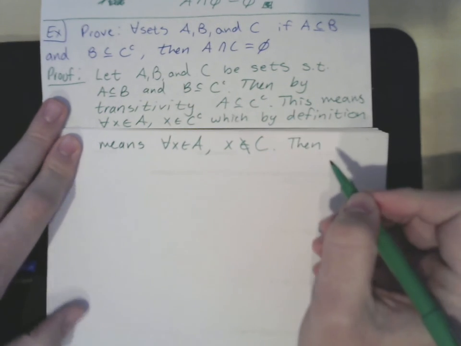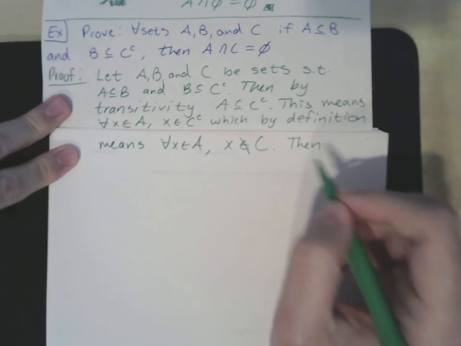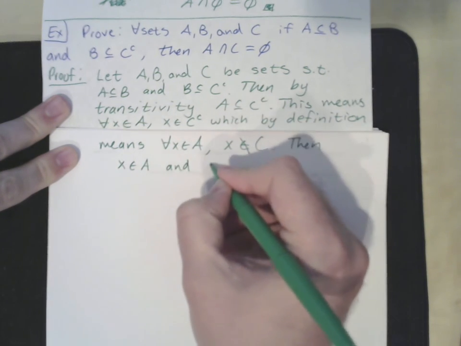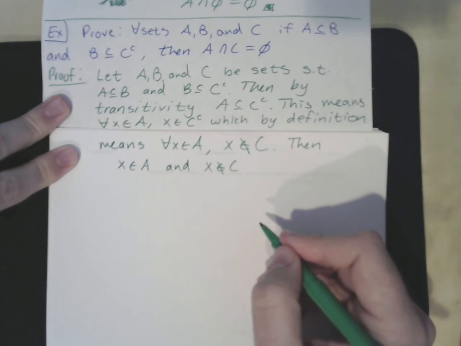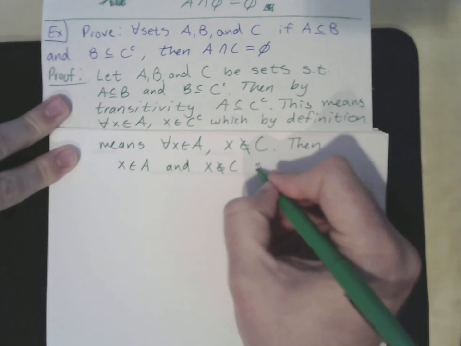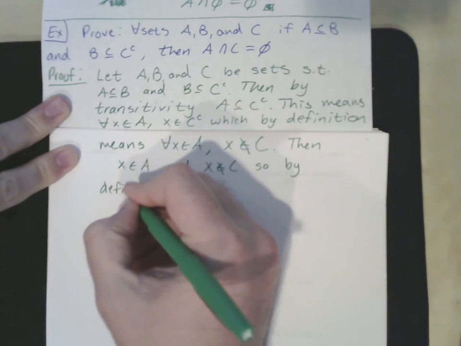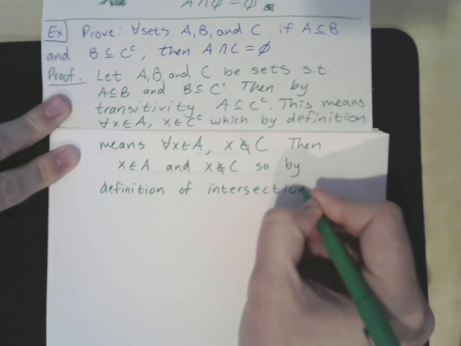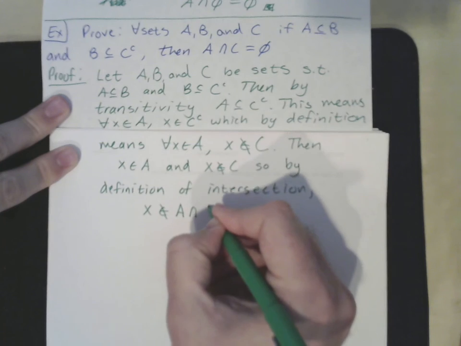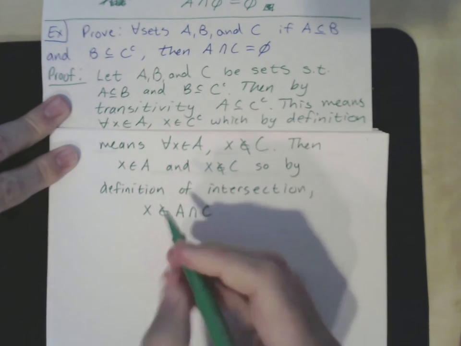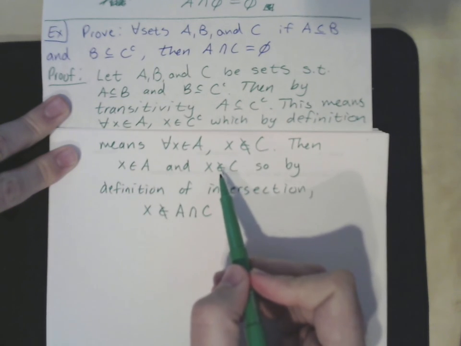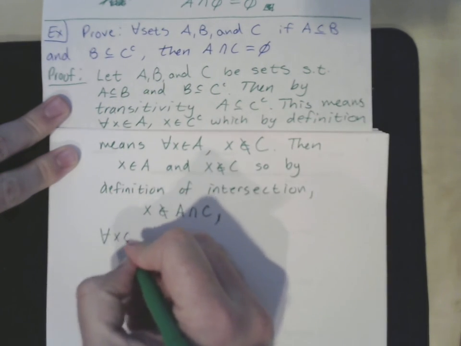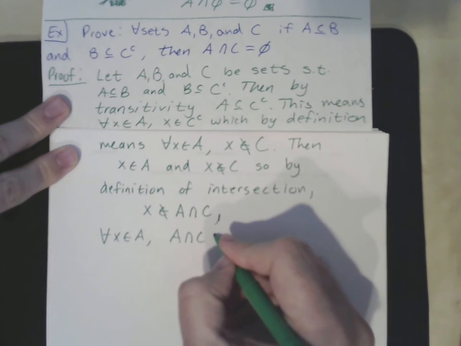Well then, x is in A and x is not in C. So by definition of intersection, x cannot be in A intersect C, because if you're in A intersect C, then you have to be in C, and we're strictly not in C. And so that means for all x in A, A intersect C is empty.